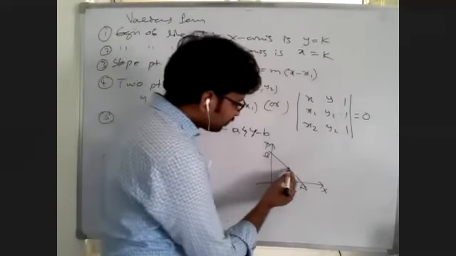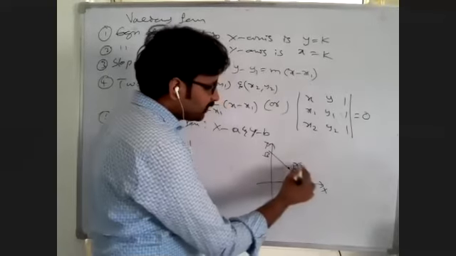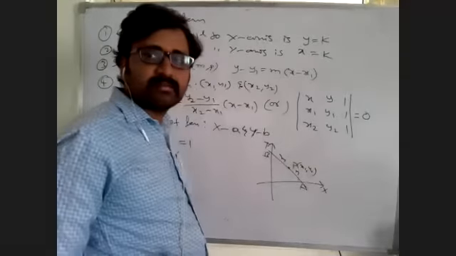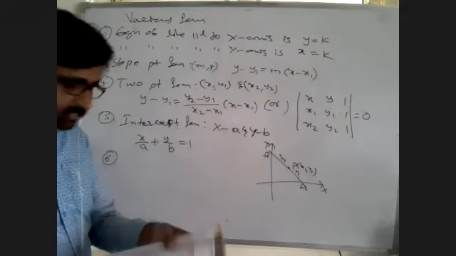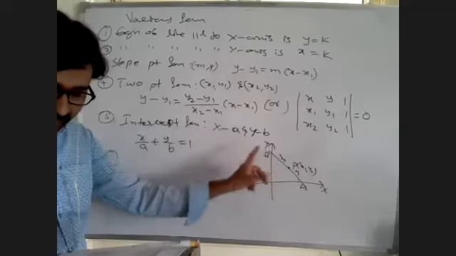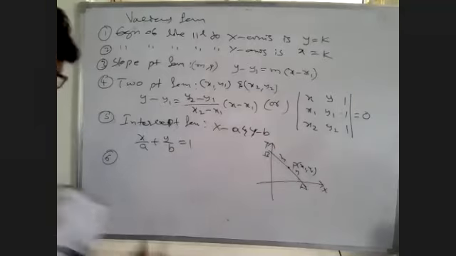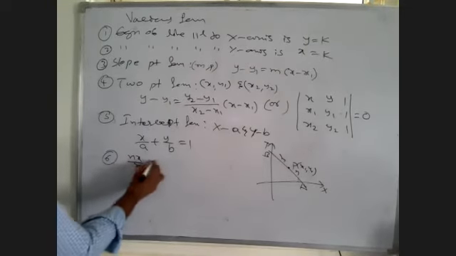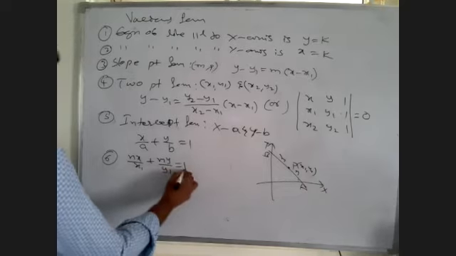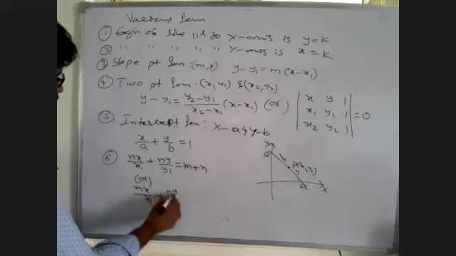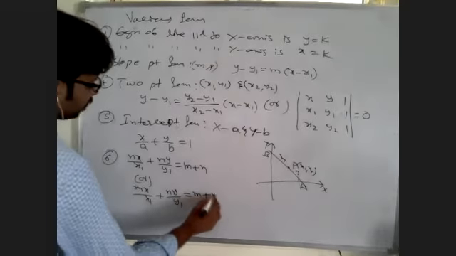But if given any point between A and B, somewhere on the line, some P x1 y1, which is dividing AB in the ratio m is to n, then the equation is nx by x1 plus my by y1 is equal to m plus n, or mx by x1 plus ny by y1 is equal to m plus n.